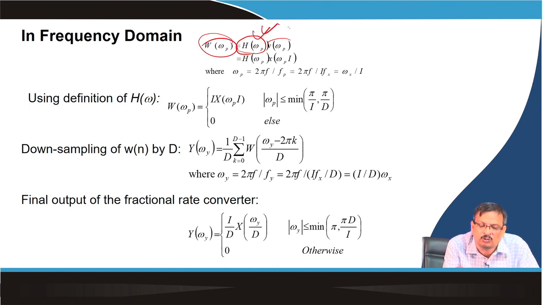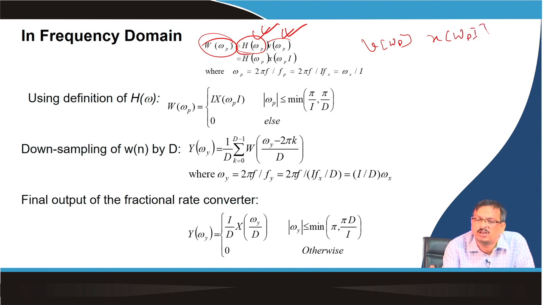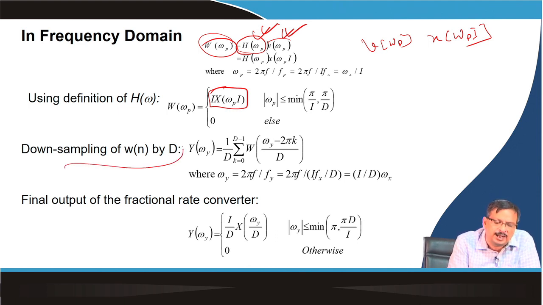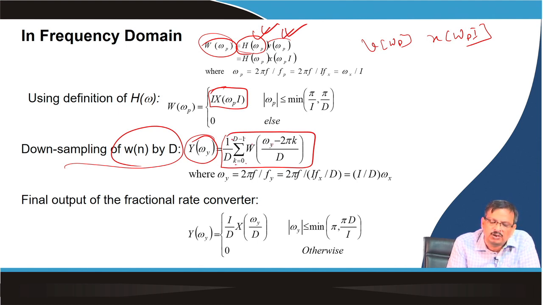I know the V frequency response is X of omega p I, because it is upsampled by I. So W of omega p is equal to X of omega p I, that I know for the upsampling filter. Now, for downsampling, what I require is Y of omega y, which is 1 by D into the sum over k equal to 0 to D minus 1 of W of (omega y minus 2 pi k) divided by D.